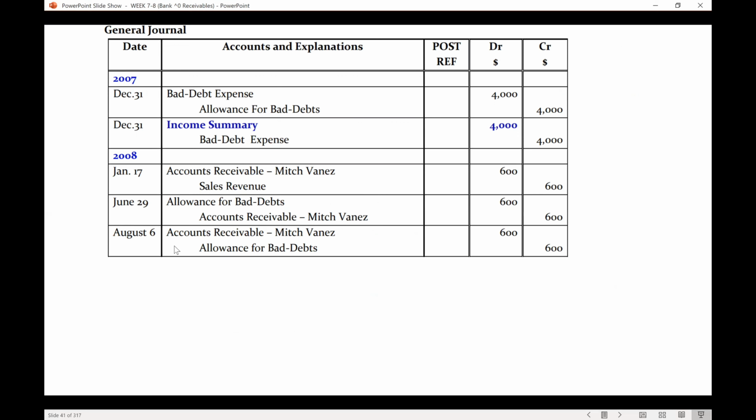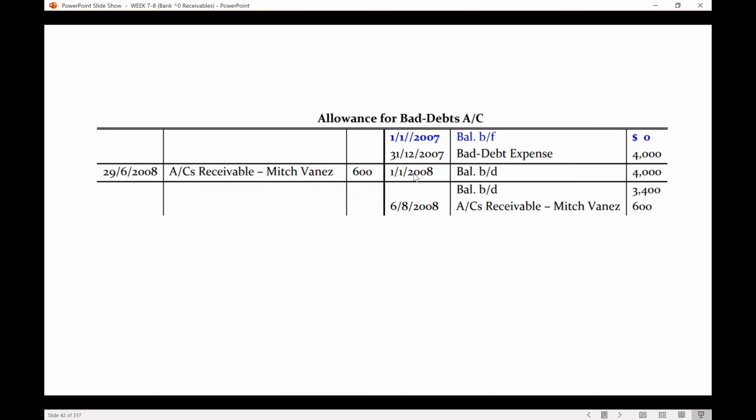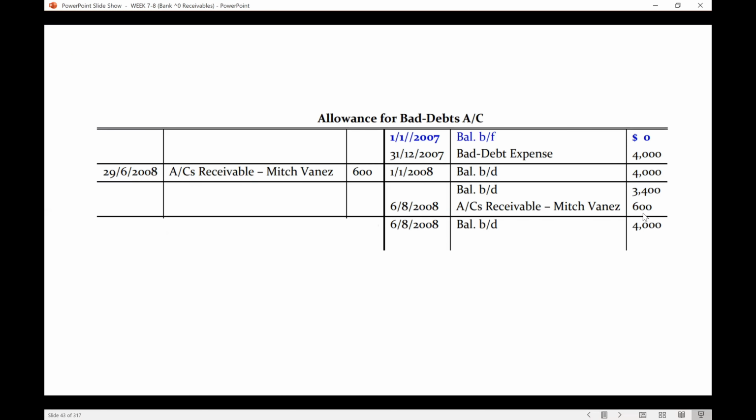So the first part we're doing is reinstating the account by increasing back the accounts receivable to say Mitch owes us this 600, and we're putting back this money in our allowance. Here in our allowance, this is what it looks like: the credit of the 600, putting back the money, and a running balance.